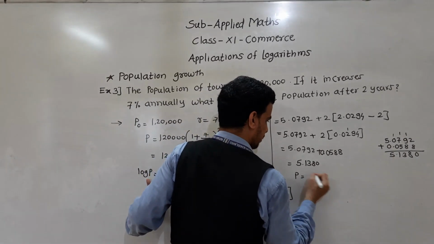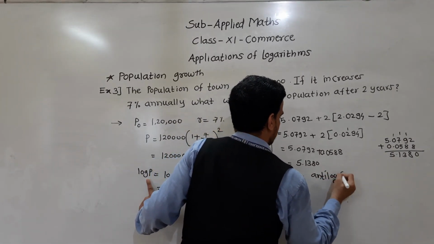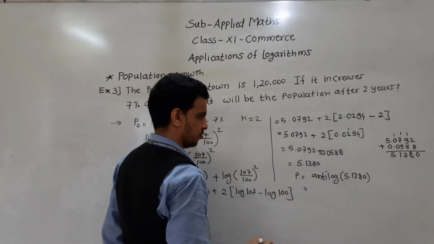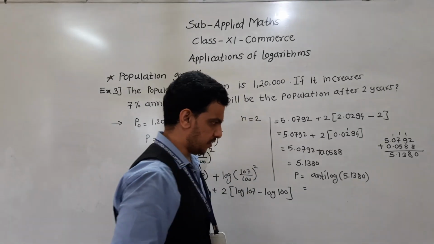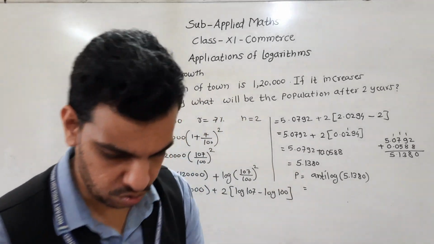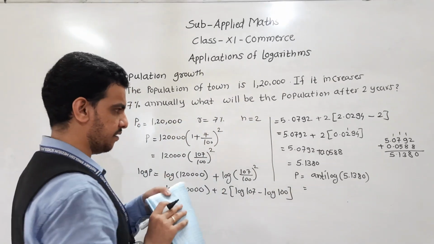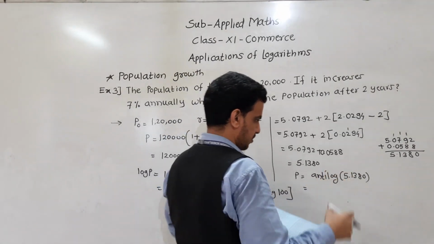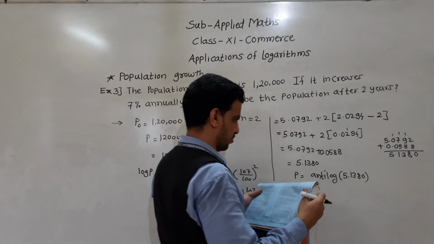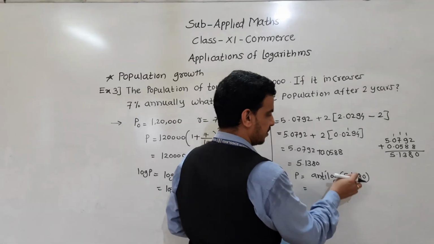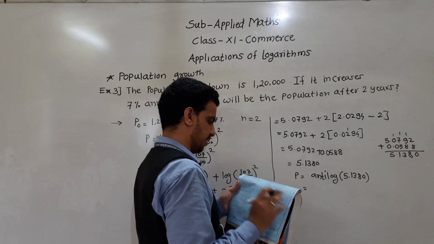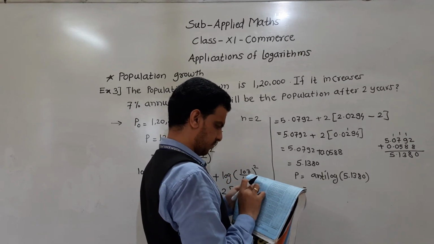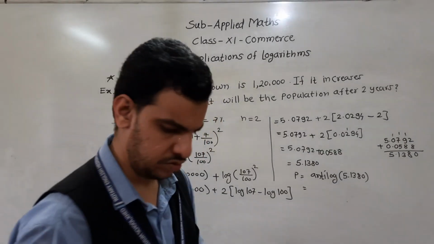So P is equal to anti-log of 5.1380. Characteristic is 5. So in 13th row and column headed by 8, the mean differences column headed by 0 starts from 1, so we only have to see the number in 13th row and column headed by 8. So it is 1374.